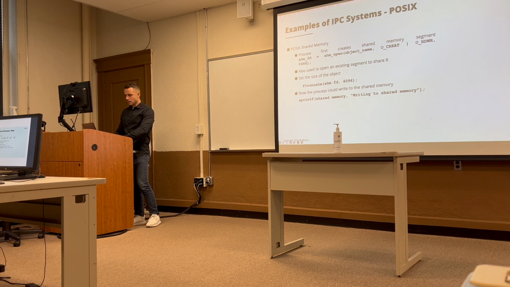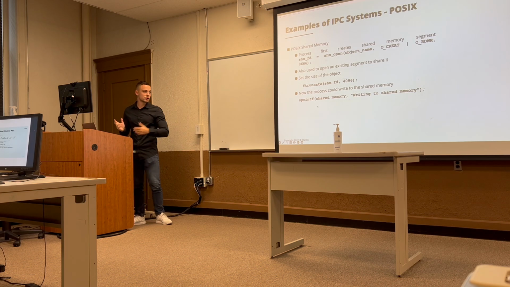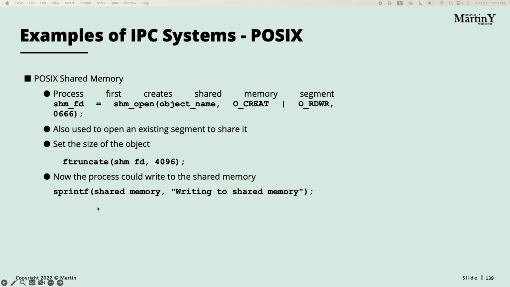And finally, here is an example of a function that can actually write to a shared memory. We keep things simple again. We just specify the shared memory, and then the message which we want to write to it.